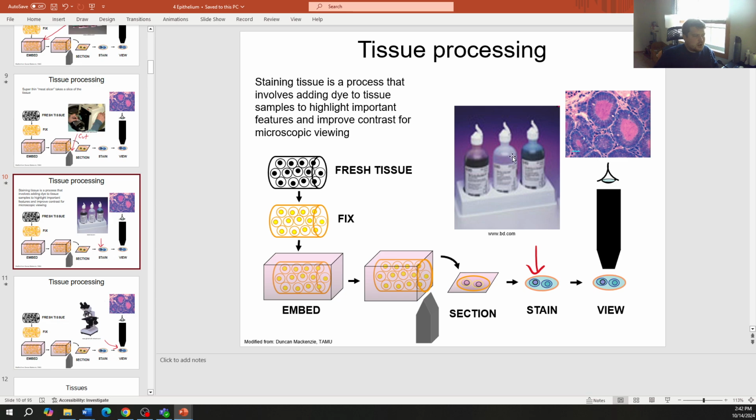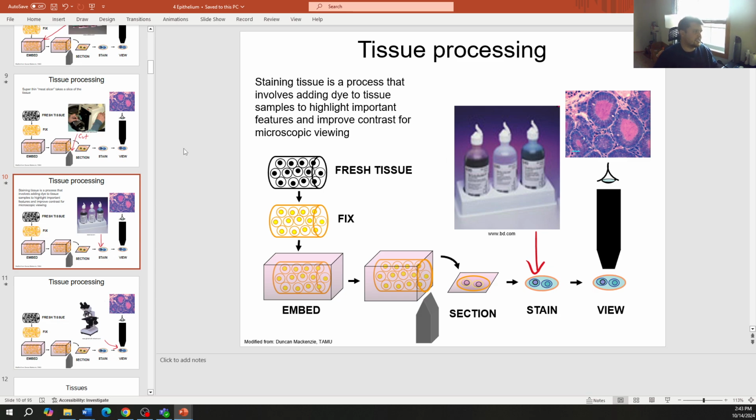Staining, I want to talk about staining a little bit. This is going to be tested on, especially the specific types of stain, in this course, and you'll want to know some of this for the future, for when you get into a microbiology course. You start actually doing some of this in lab.